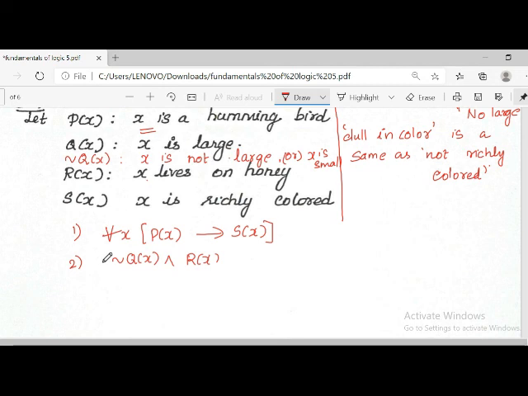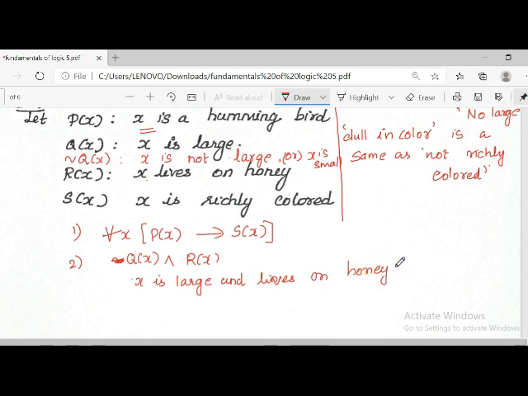So how can we express the statement? I can write it as Q of x. Now let me take what Q of x conjunction R of x means: x is large and lives on honey.